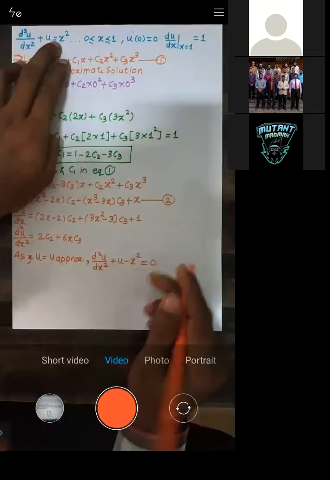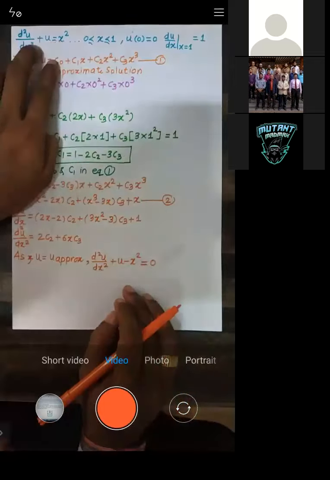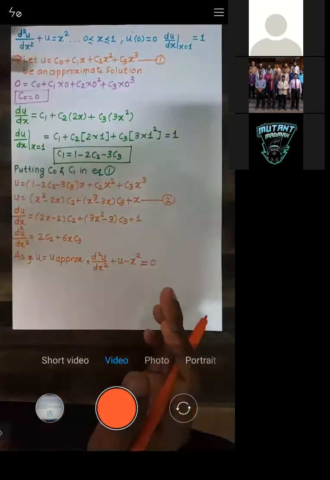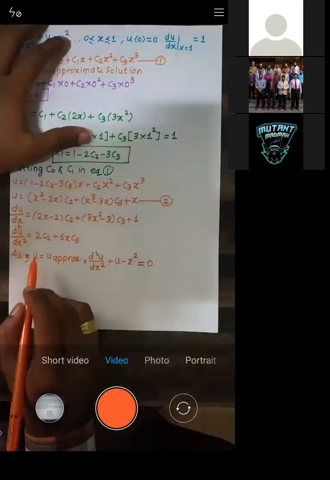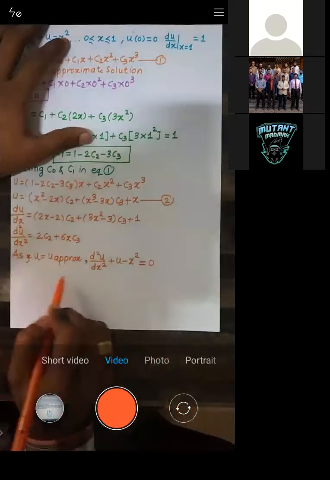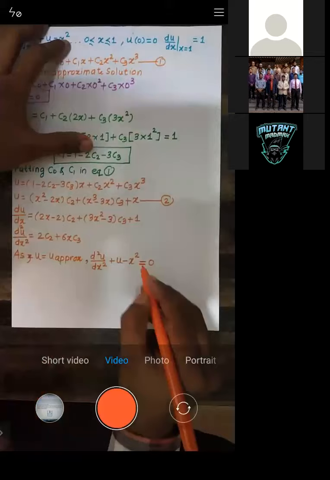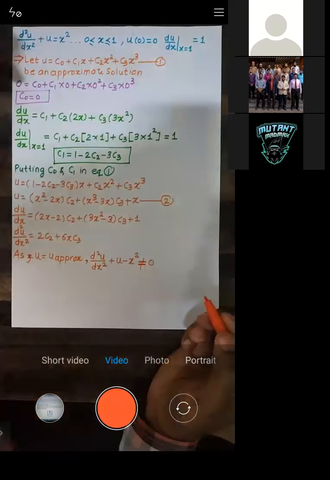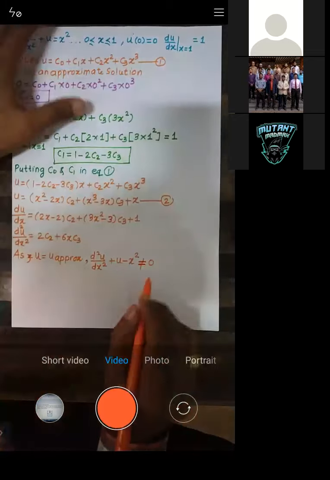When you bring this term to the left hand side it becomes minus, and the right hand side should be equal to 0. But whatever solution you have written is approximate, so your right hand side will not be equal to 0.